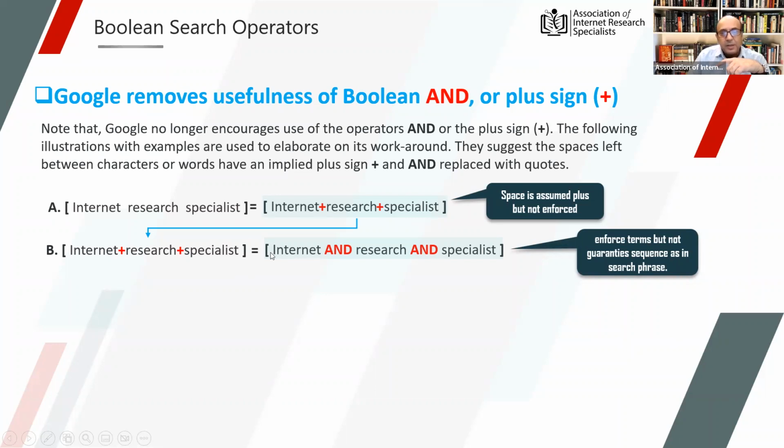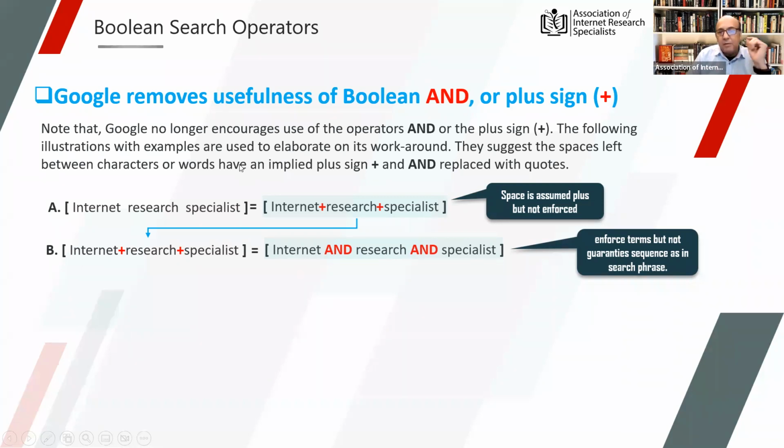This assumption is the same as internet AND research AND specialist, meaning that it would enforce these terms, all three of them, or individually each word would be returned by the search, but not in the same sequence.